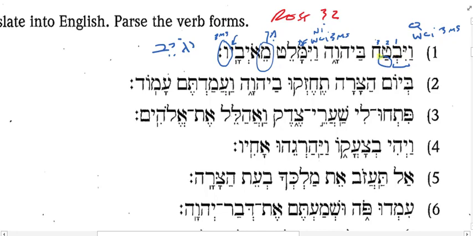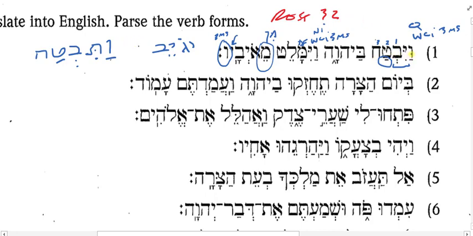So if this is he trusted, vayivtach, how would I say she trusted? Yeah, you just changed out the yod for a tav. Vativtach. Okay? So, let's just practice this a little bit, all right? How would I say, and they, masculine plural, trusted?